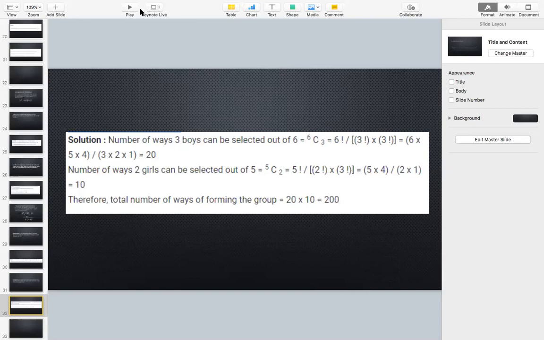In fact, for an n-sided polygon, the number of diagonals is always nC2 minus n. Okay, you guys can note it down, or you can note it down when you get the video. The number of diagonals is nC2 minus n.